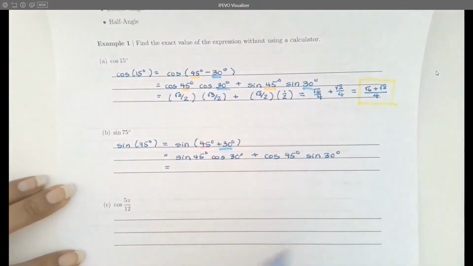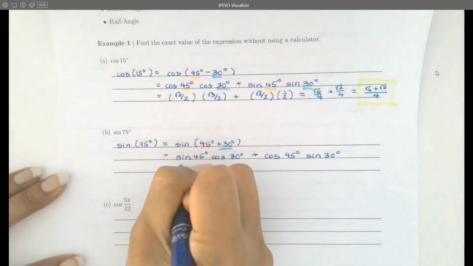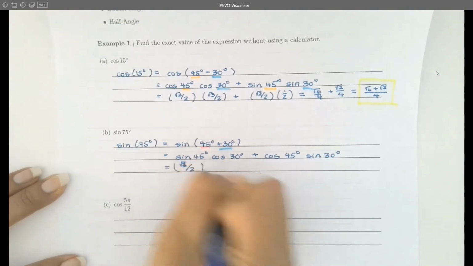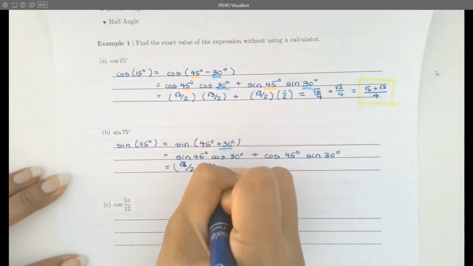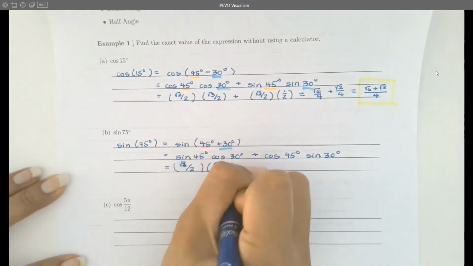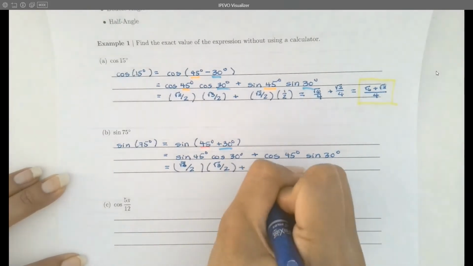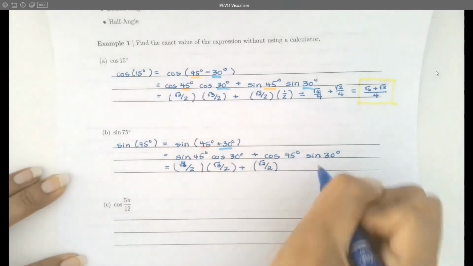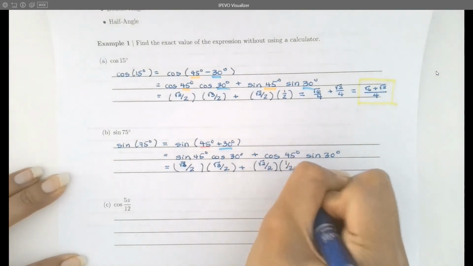And again, if we look at the unit circle, we'll find that the sine of 45 is radical 2 over 2. Cosine of 30 will be radical 3 over 2. Cosine of 45 is going to be radical 2 over 2. And sine of 30 will be 1/2.